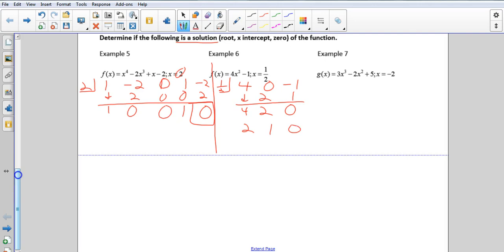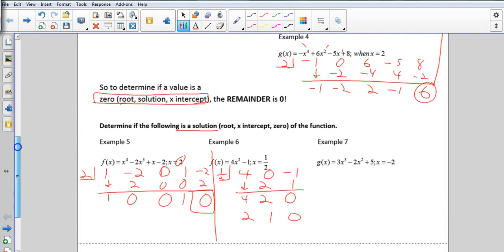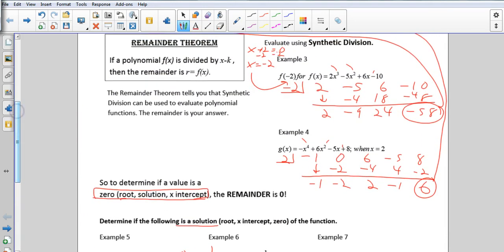Okay? Let me step back a little bit to examples 3 and 4. We're stopping right here because all we're trying to do is evaluate. If we were going the full distance, then remember, since we started with cubic, we would say 2x squared minus 9x plus 24 plus negative 58 over x plus 2.